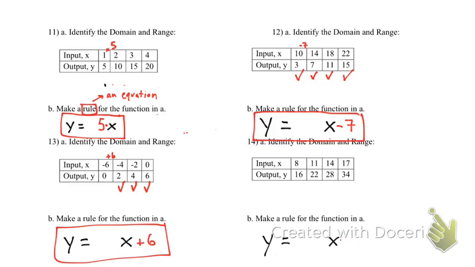So the next rule you should have tried was multiply by 2. 8 times 2, 16. So we're multiplying by 2. Then we go to 11 times 2, that's 22. 14 times 2, 28. 17 times 2, 34. So my rule is y equals 2 times x.